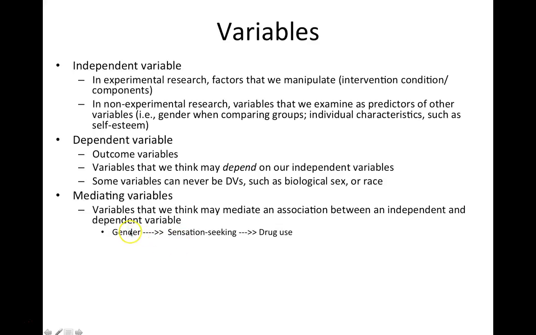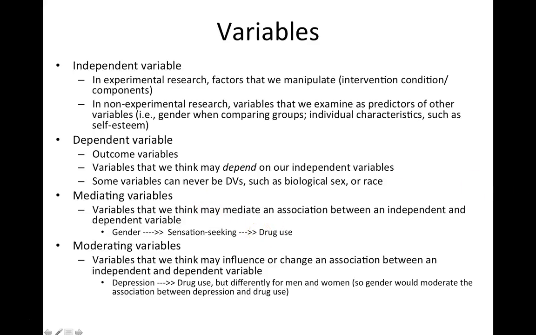One of the things that we know is that men tend to be higher on average in sensation seeking, and that sensation seeking is then associated with drug use. So in this particular situation, we would call sensation seeking a mediating variable, or say that sensation seeking mediates the relationship between gender and drug use.